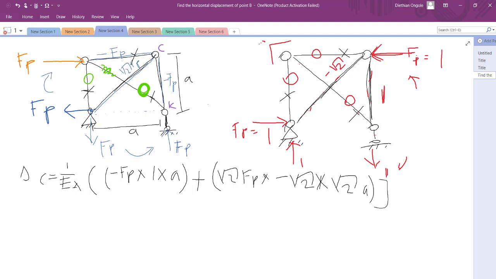So when I compute this, I would come up with my displacement as: A is common, so I pull out A. Fp is also common. Fp A divided by EA.